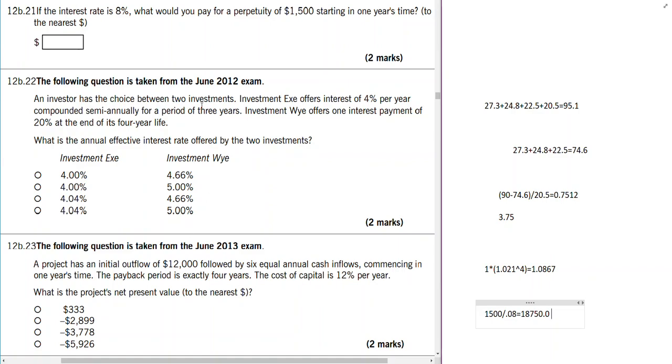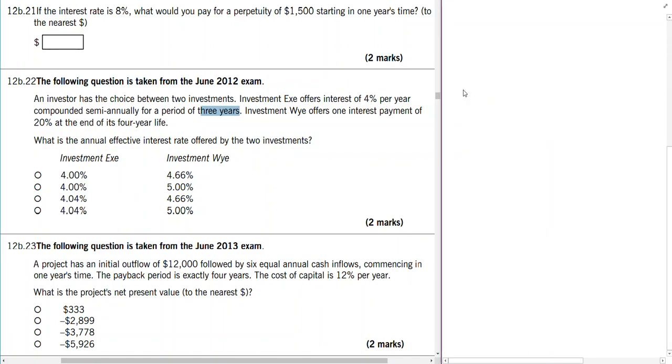If it is 3 years, then it would mean 6 periods. Investment Y offers 1 interest payment of 20% at the end of its 4-year life. So Y offers 1 payment, and that 1 payment equals 20%.